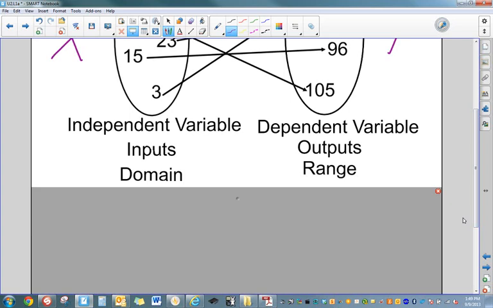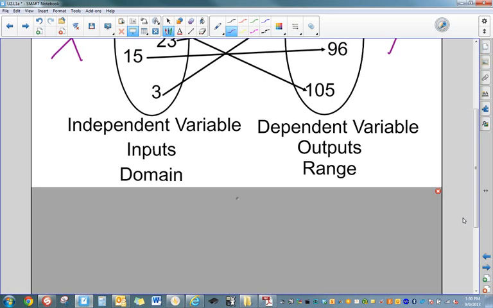Domain is x, range is y. So again, the domain is all possible x values of a relationship or function. The range is all possible y values of a function or a relationship.